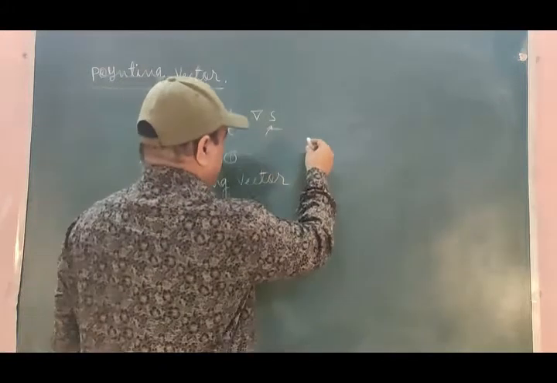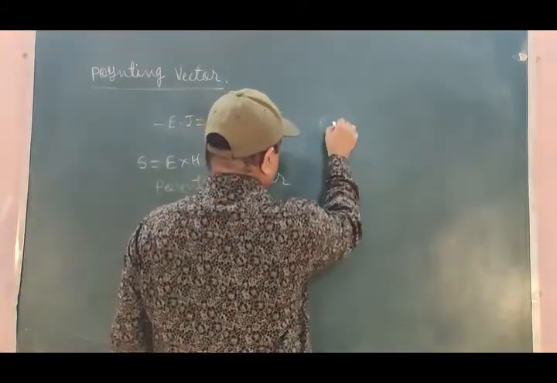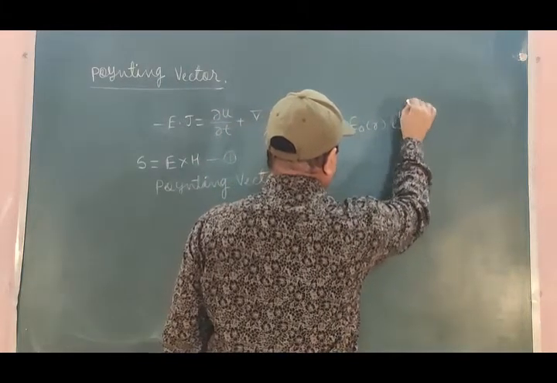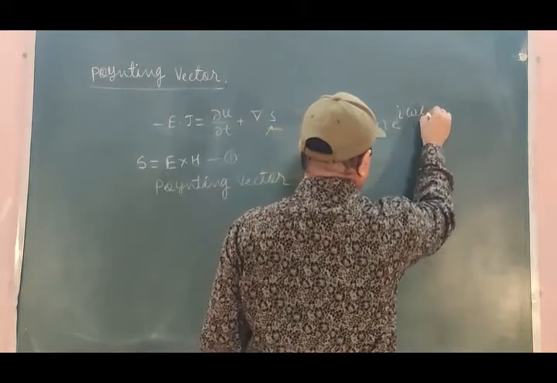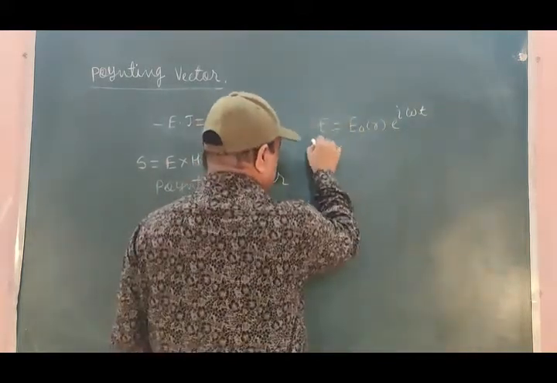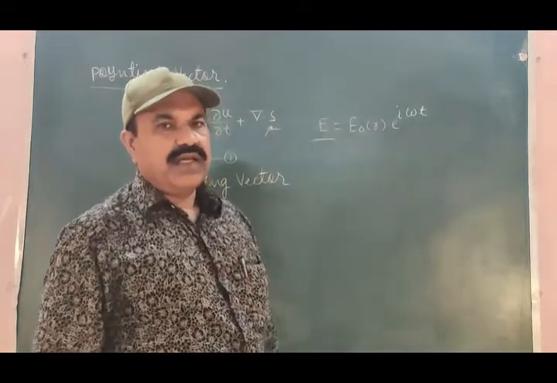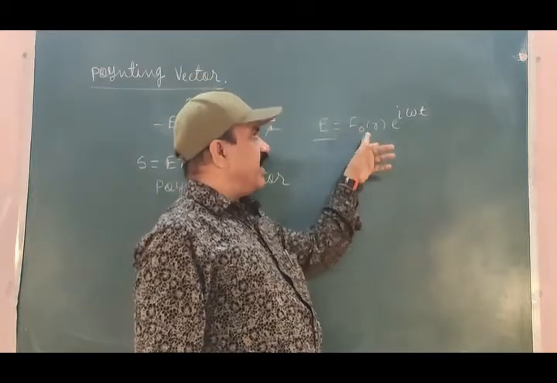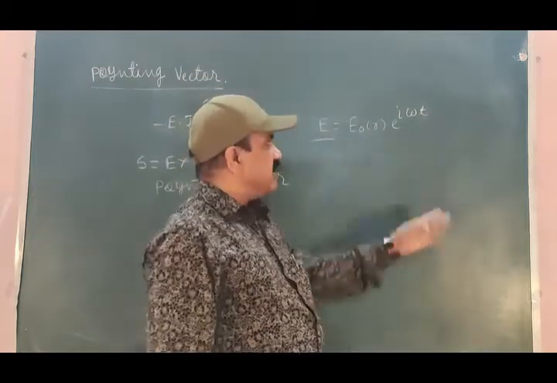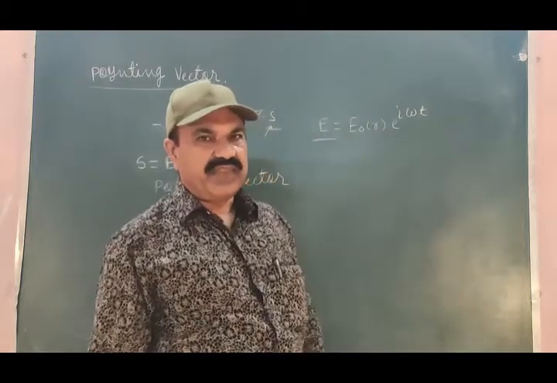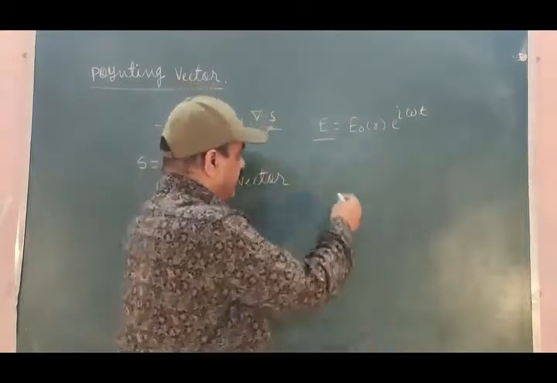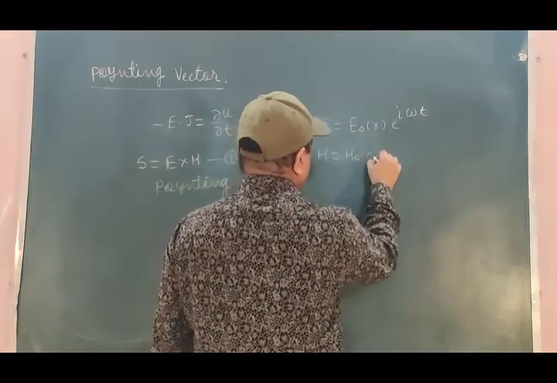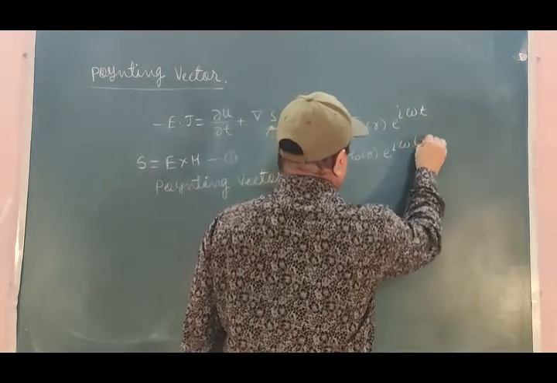If the electrical component is represented by the equation E is equal to U of r, e to the power i omega t, this is complex in nature, which is given by E0 of r, where this E0 is a function of r, e to the power i omega t, the exponential term. The same equation may be written for H. H is equal to H0 of r e to the power i omega t.